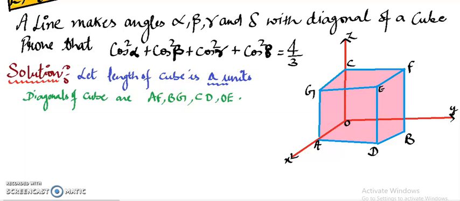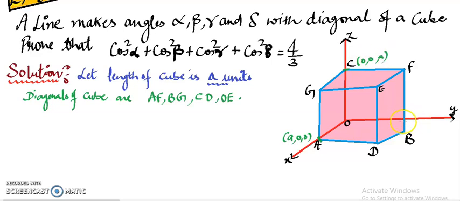So after taking the length a units, what are these vertices? See, this vertex is on the XOY plane. Therefore, this vertex is a, 0, 0, right? Similarly, the vertex C will be 0, 0, a.